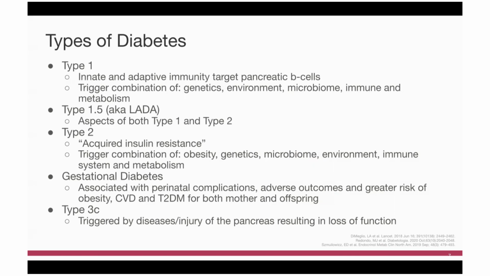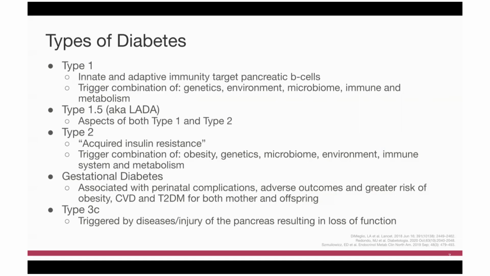It's most often seen in obese adolescents with type 2 diabetes, and they also have positive antibodies. And those antibodies are usually only seen in type 1, and so that's what makes this a bit of a hybrid. So type 2, this is often referred to as acquired. There are no antibodies present. And again, triggers can be obesity, genetics, the environment, microbiome, the immune system, metabolism, etc.